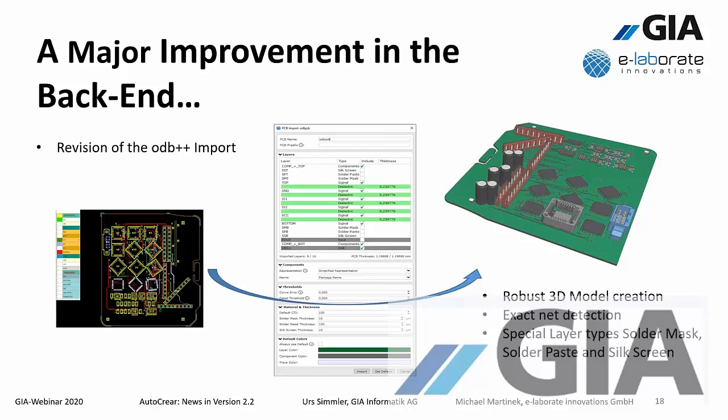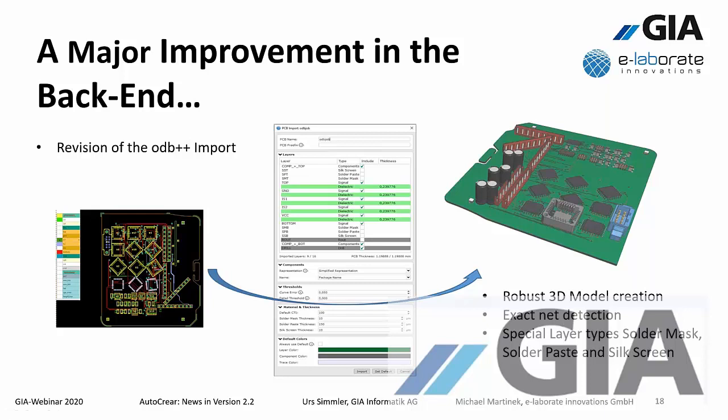And a major improvement we made in this version is more or less invisible. It's an improvement in the back end. So the entire process of generating the 3D model out of the two-dimensional ODB++ data is completely revised. It's much more robust now.